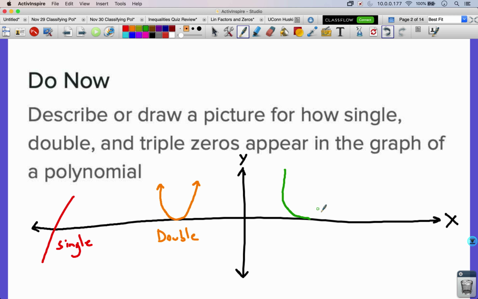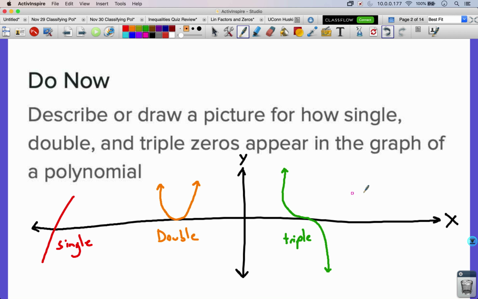So it lies flat to the x-axis for a second, kind of like a double zero, but then instead of bouncing, it does break through. And this can kind of look like a single zero, except there's a little wave in here that allows the function to lie flat for just a moment as it touches the x-axis.